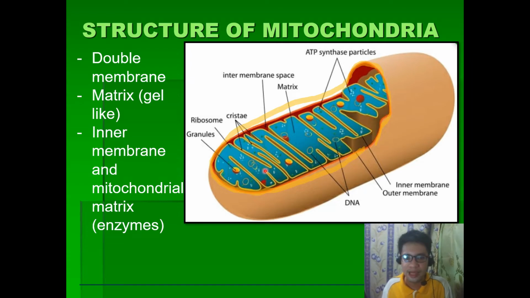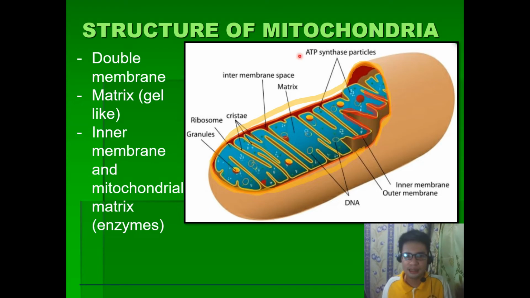And then, we have the inner membrane. So, this is our inner membrane. The inner membrane is folded into structures called crista. As you can see, there are folds inside the inner membrane. So, the foldings are called the crista.